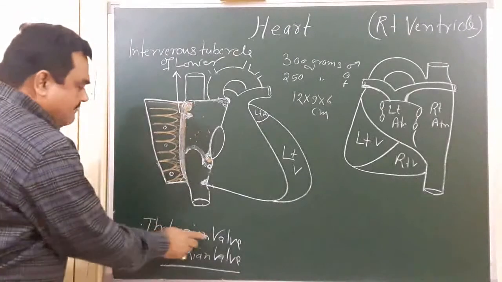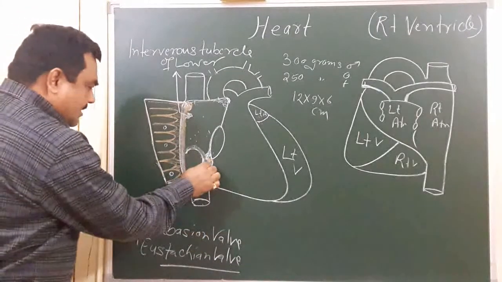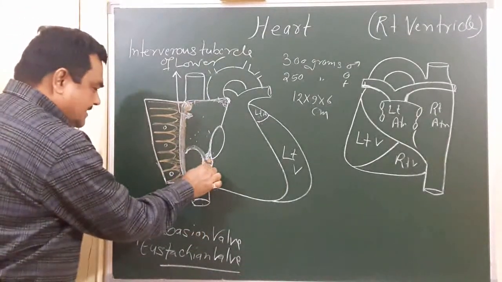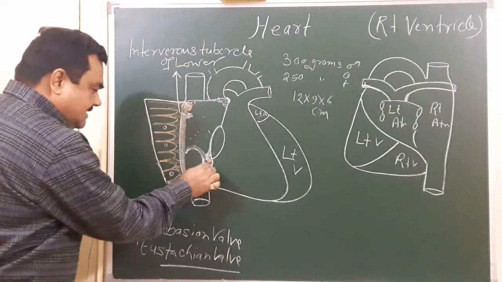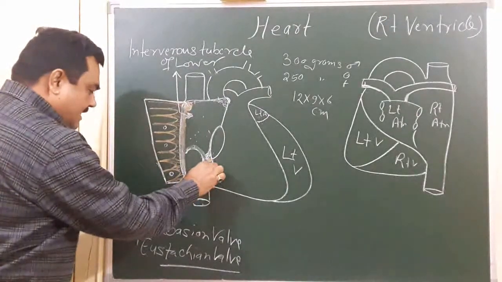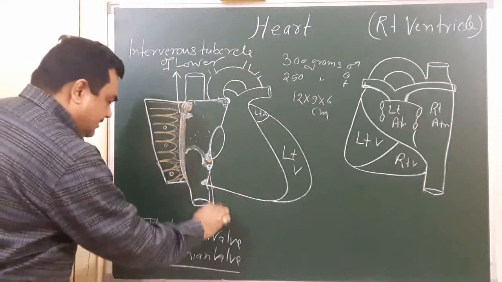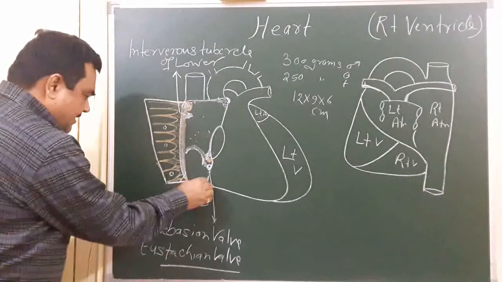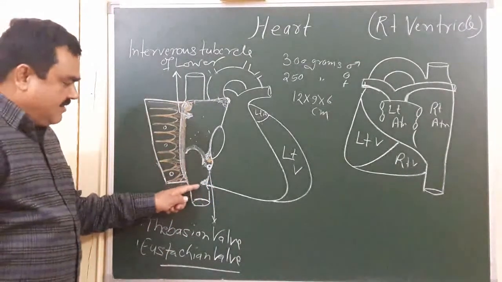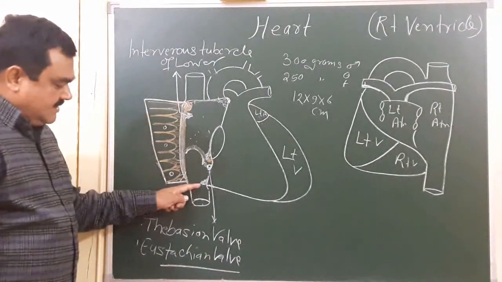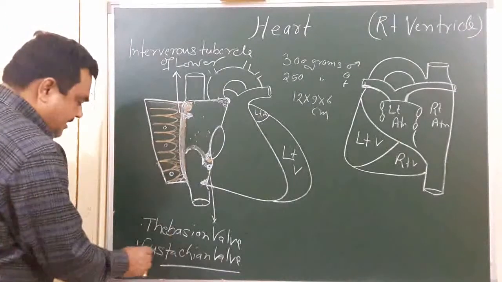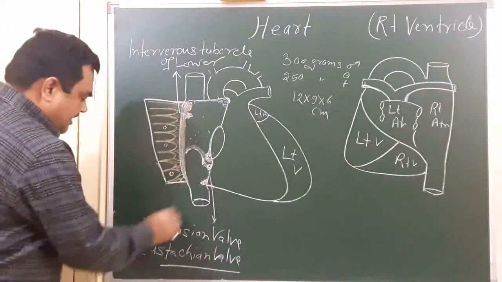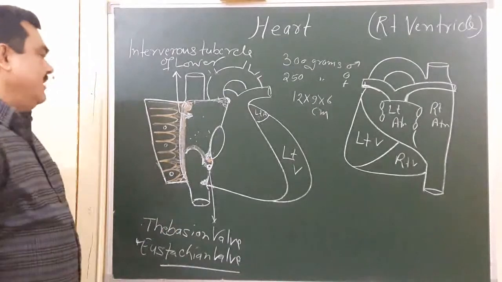Here is the Thebesian valve. The opening of the coronary sinus is guarded by a valve known as the Thebesian valve. And the inferior vena cava opening is guarded by the Eustachian valve.